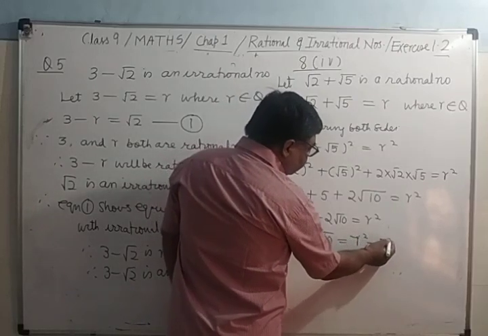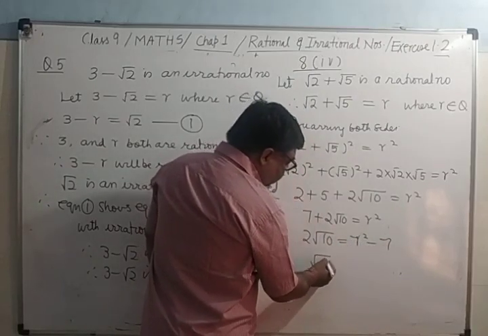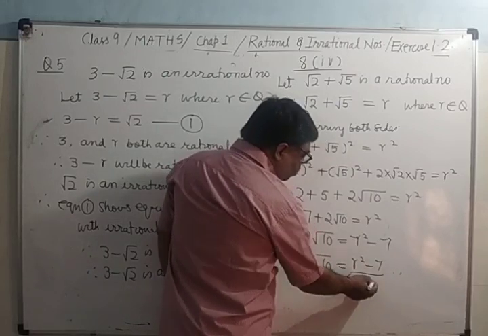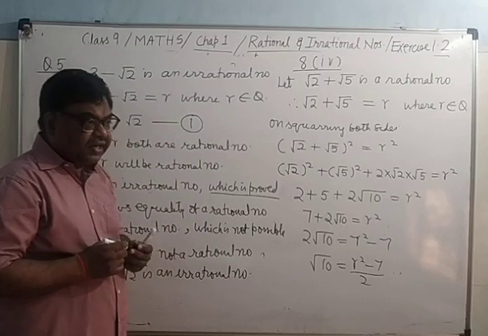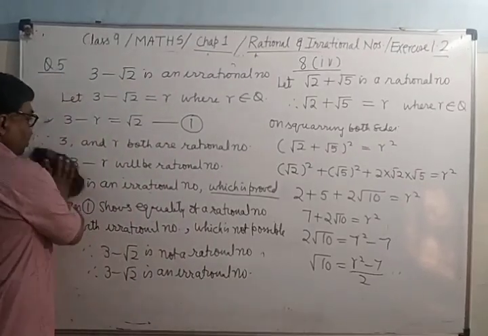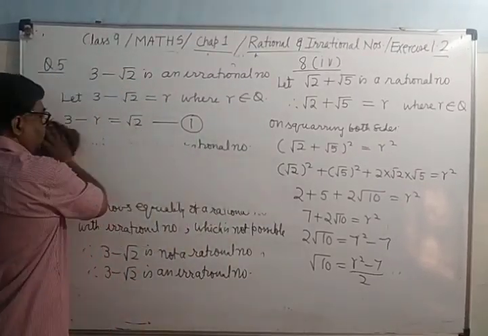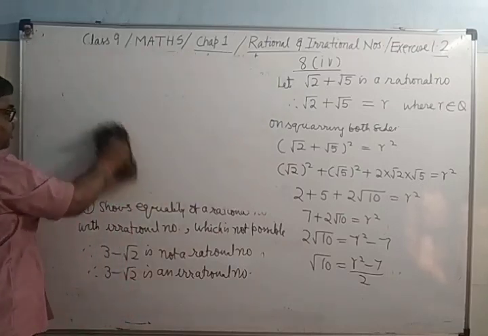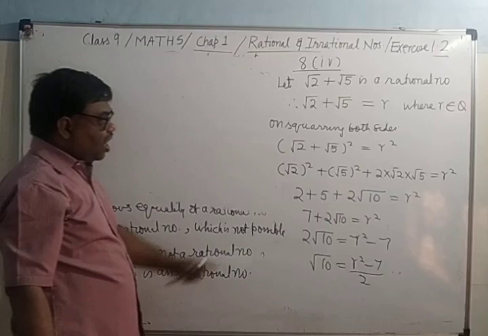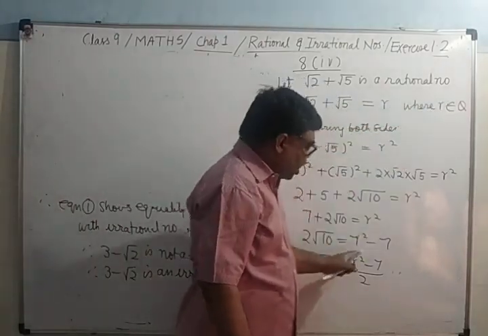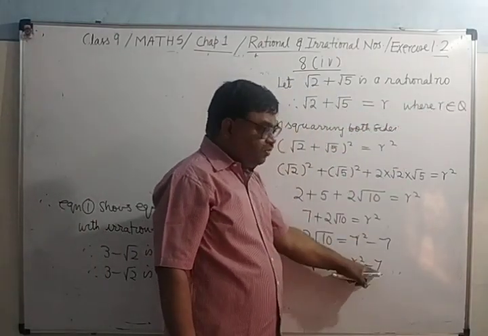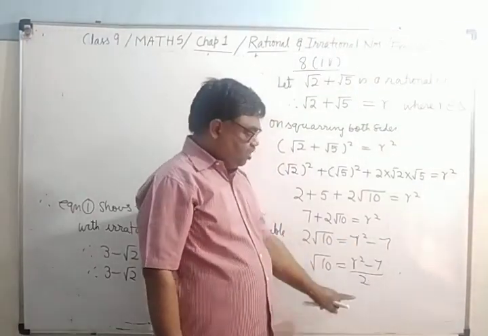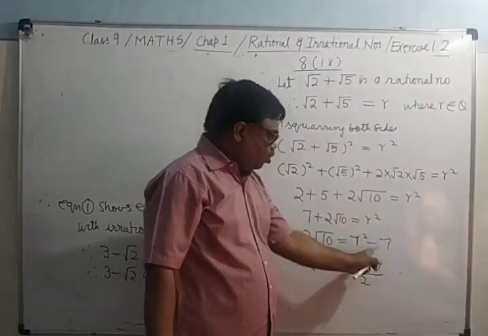So what will 2 root 10 be? r square minus 7. So root 10 equals (r square minus 7) upon 2. Now you can see here, on the right hand side, (r square minus 7) upon 2 is a rational number because it is a combination of rational numbers. r is a rational number, therefore r square is rational. 7 is rational, therefore r square minus 7 is rational. 2 is also rational, so this whole thing is rational.